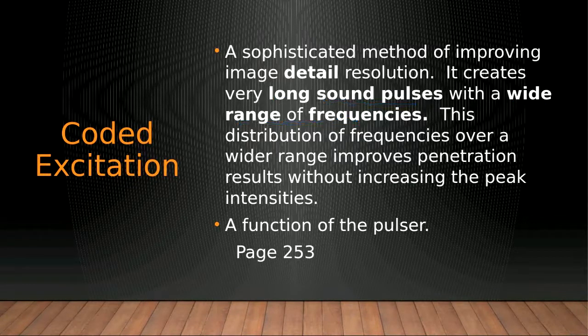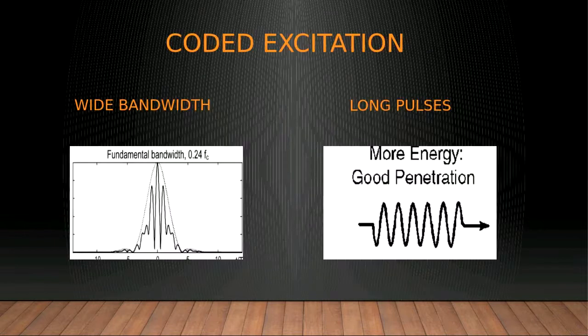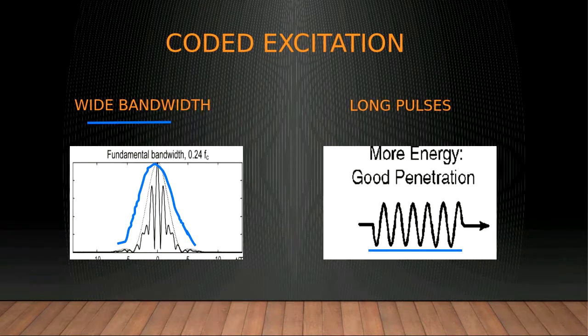So just to reiterate, the key things about coded excitation are it uses a wide bandwidth. Okay, so you have a range of frequencies and long pulses. Okay, that is how coded excitation actually works to improve detail resolution.